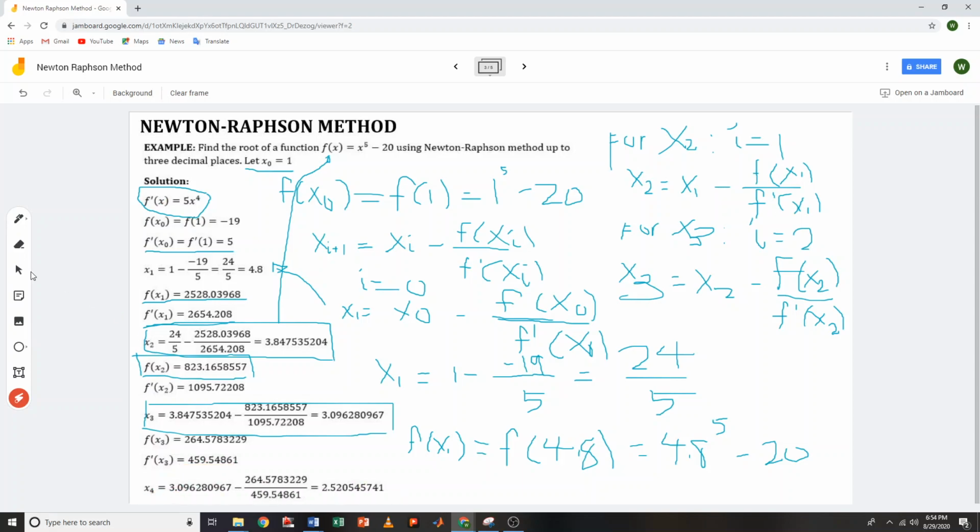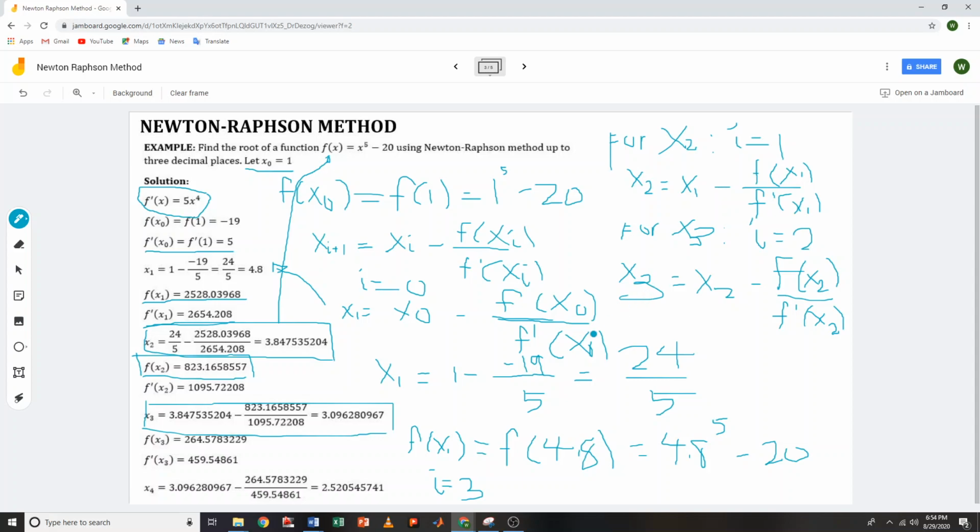So for x4, the i here is now equal to 3. It is recommended to use a table format for this, particularly in the iteration process.